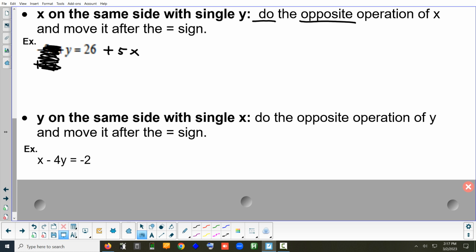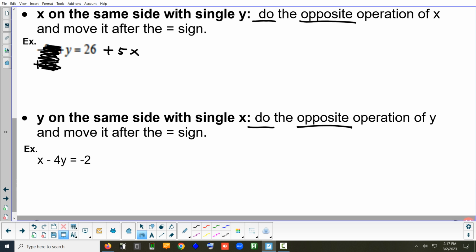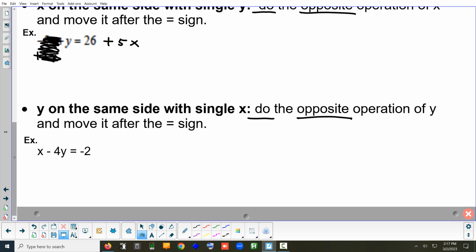So if we want to get x by itself, what don't we want there? We don't want that negative 4y. So do the opposite. What's the opposite of negative 4y? Yeah, so do a positive 4y and a positive 4y.